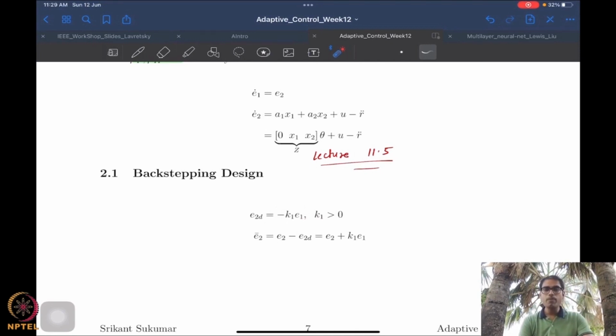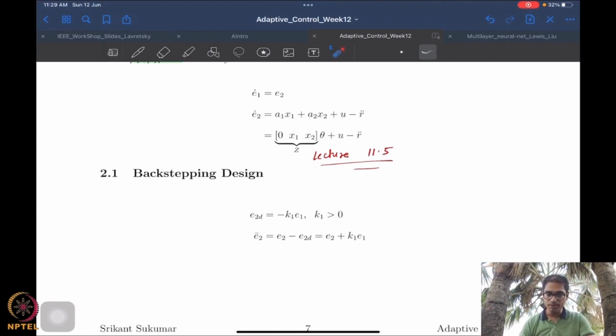Now, it's evident to us that E2 cannot just be made to follow or be equal to a desired value. But we can make it track the desired value. And that's how we define the backstepping error, which is E2 bar, which is E2 minus E2 desired.